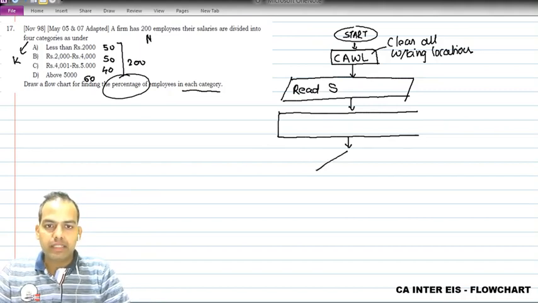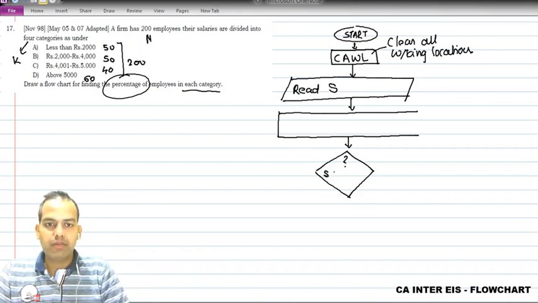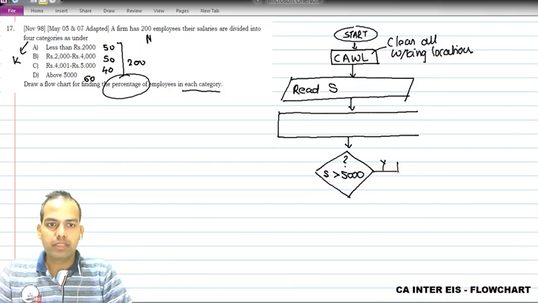So the first thing is that I will have to prepare the first box. So let's start. The S, what is it? Above 5,000. So let's start with S is above 5,000. I'm starting from the bottom, it's up to you, you can start from the top.